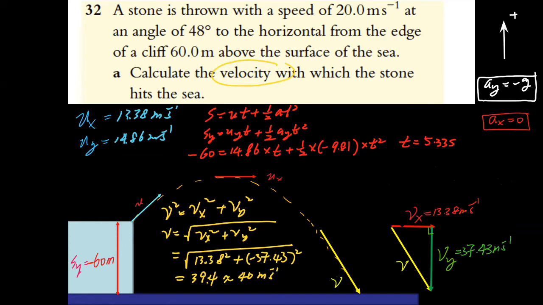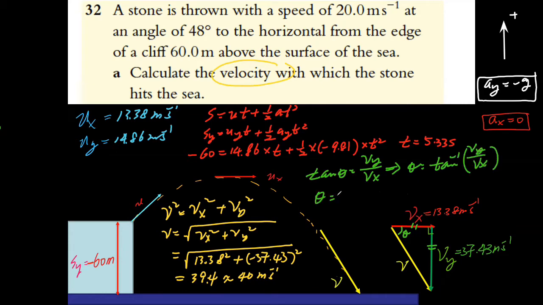Since velocity is a vector quantity, we need to find the angle. So tan theta equals opposite, vy, over adjacent, vx, and theta equals tan inverse of vy over vx.